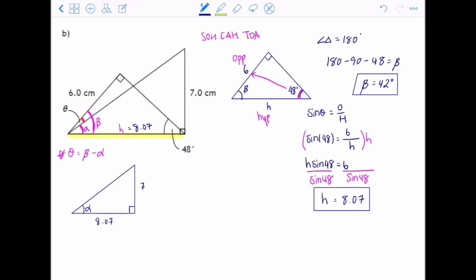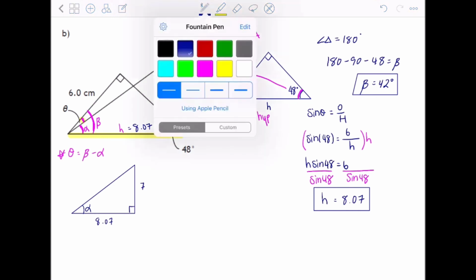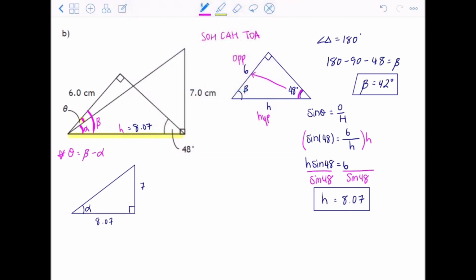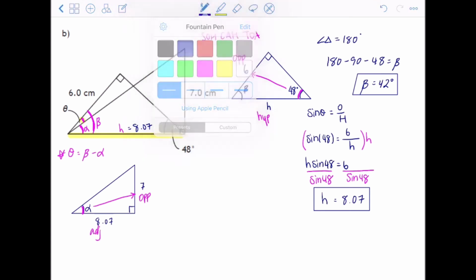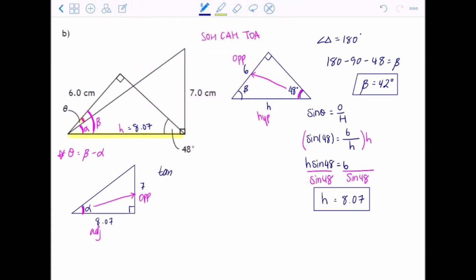This time we are looking for angle alpha, so make sure to recall inverse trig. The angle is here, the side across from it is the opposite side, and the adjacent is on the bottom here. So tangent is the correct ratio.